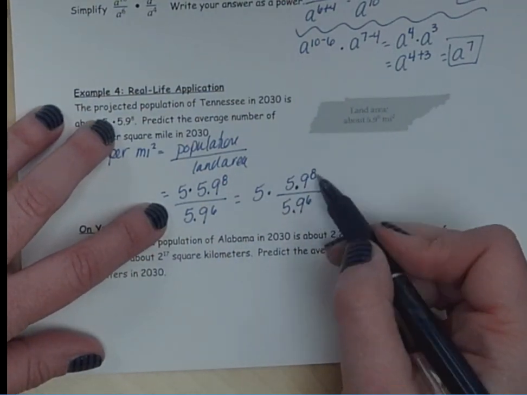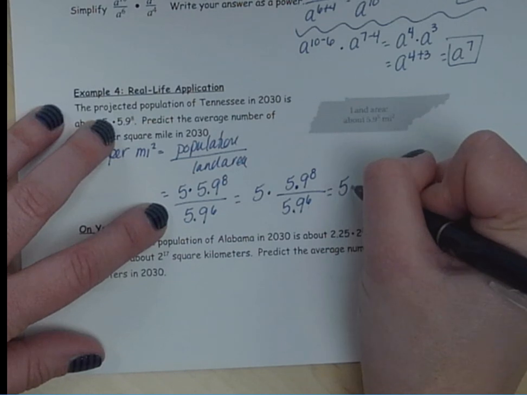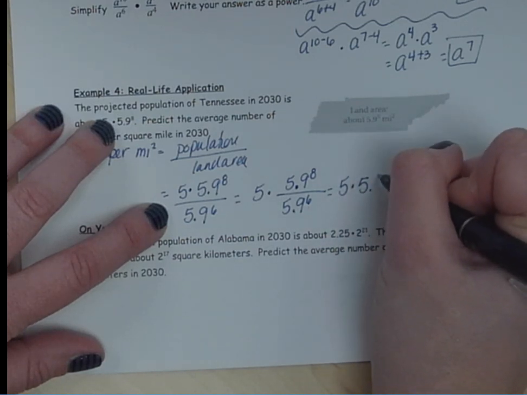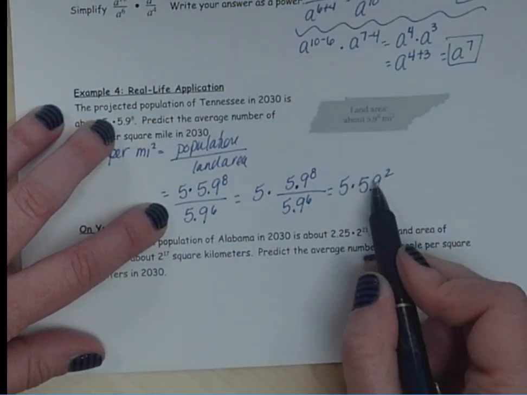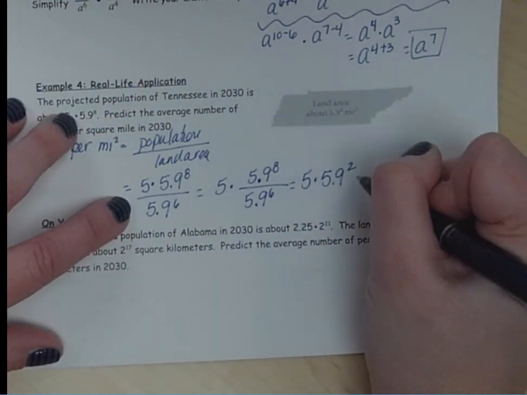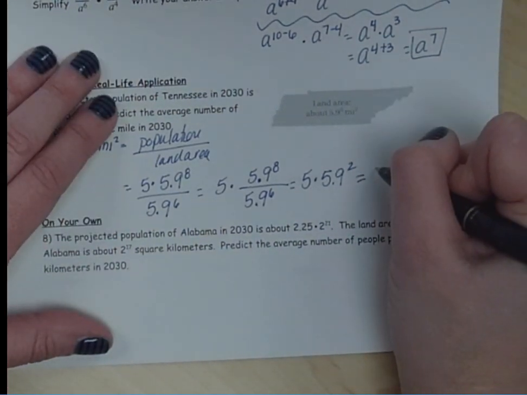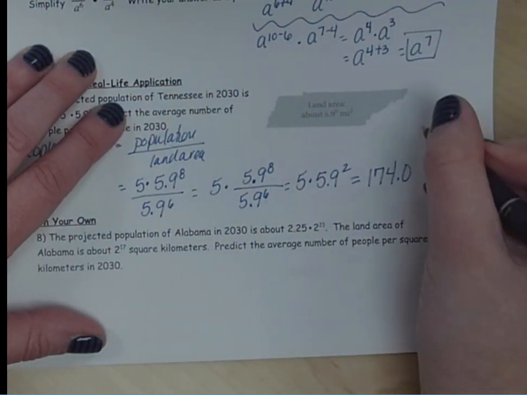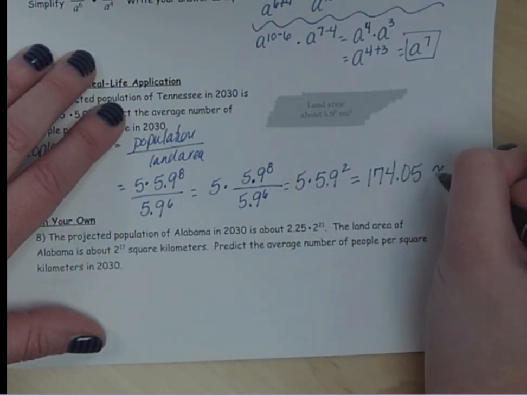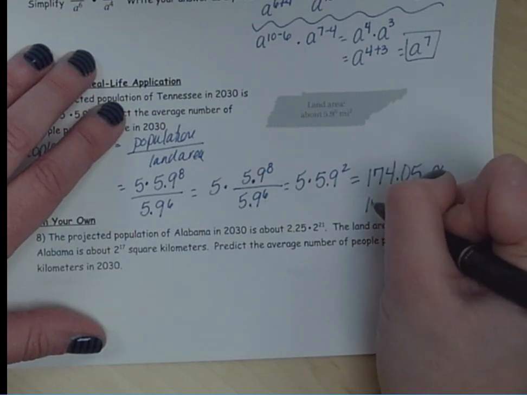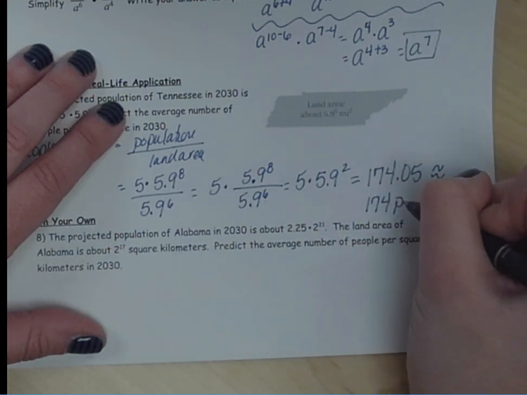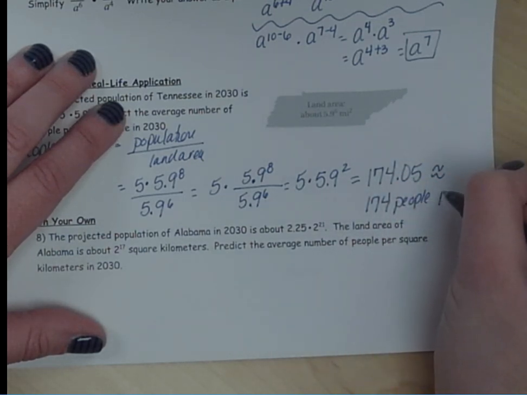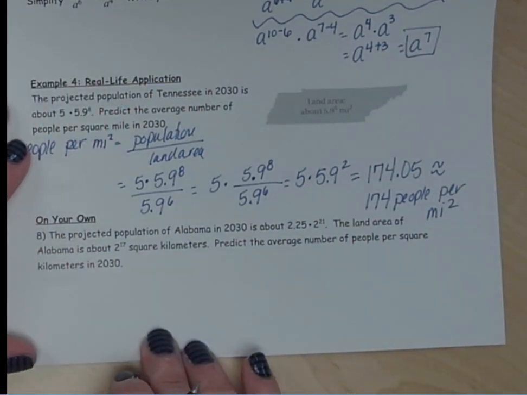Remember, we're going to subtract. So that gives me 5 times 5 and 9/10 squared. I'm just squaring this one. When I do that, I get an answer of 174 and 5/10 or 5/100, which is approximately 174 people per mile squared.